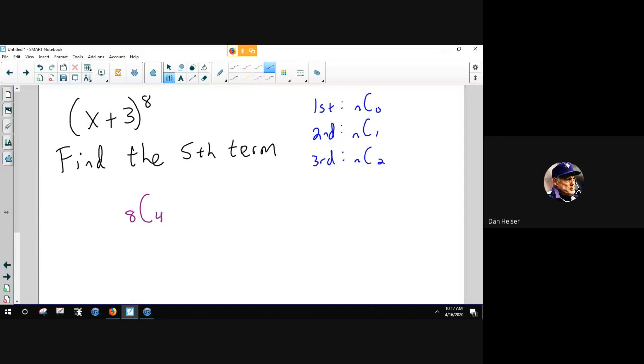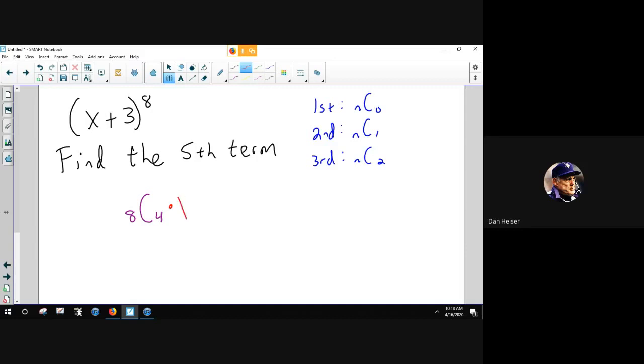So we're always off by 1 between the position and the value that goes here, because we're not starting at NC1, we're starting at NC0. So we're always going to have a gap of 1 there. Fifth term would be NC4. So I know that in this problem, I have 8C4 in front of the fifth term.